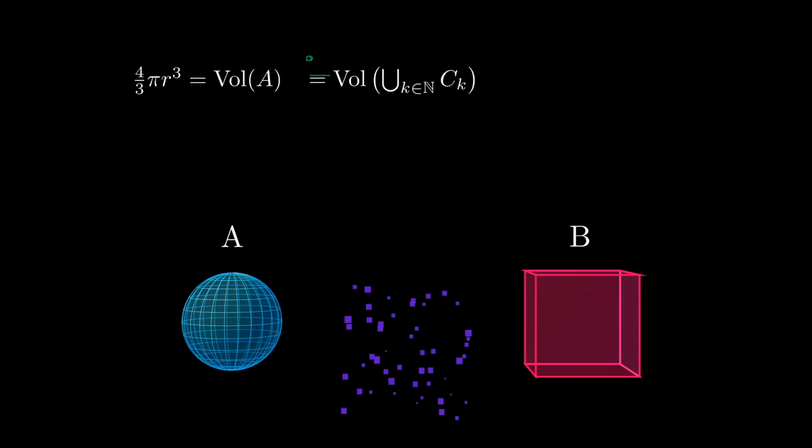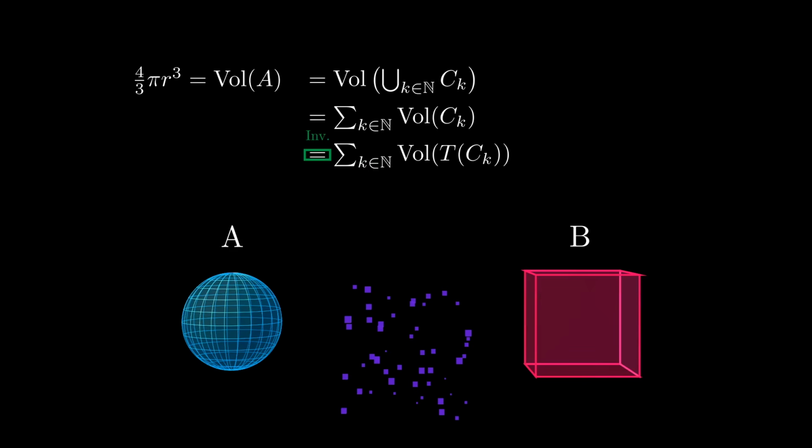By the Banach-Tarski theorem, we know that the volume of the sphere is the same as the volume of the union of these sets. But since they are disjoint, we know from the definition of a measure that this is simply the sum of the volumes of these sets. Then, since our measure is invariant to rigid body transformations, each of these volumes does not change if we shift them around in space.